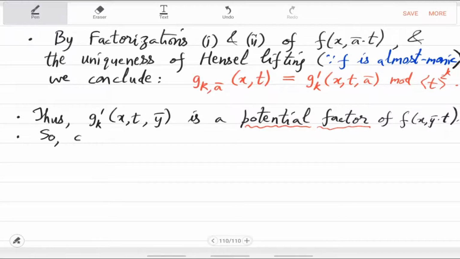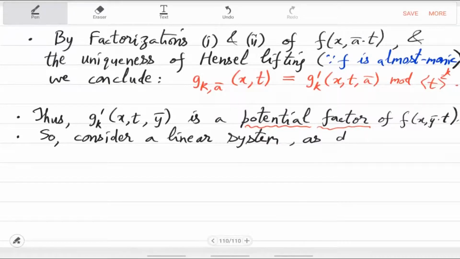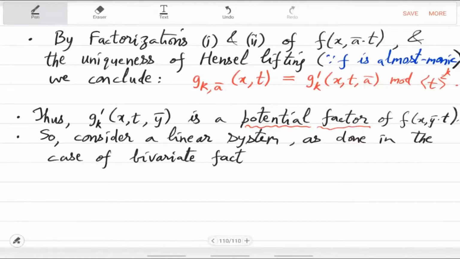So consider a linear system as done in the case of bivariate factoring. Okay, so let us move to that now.